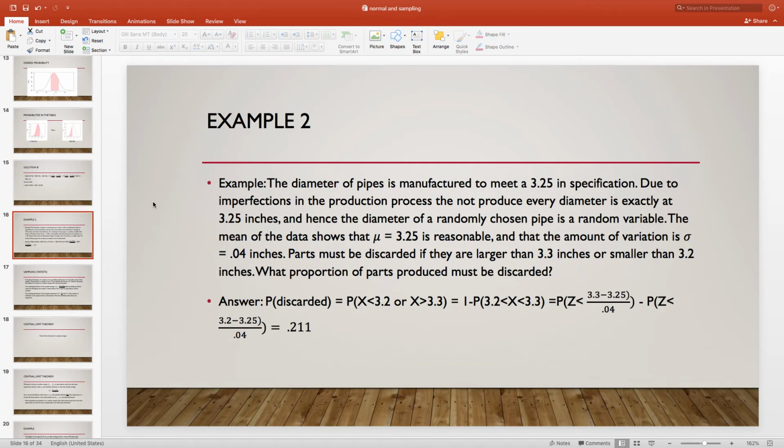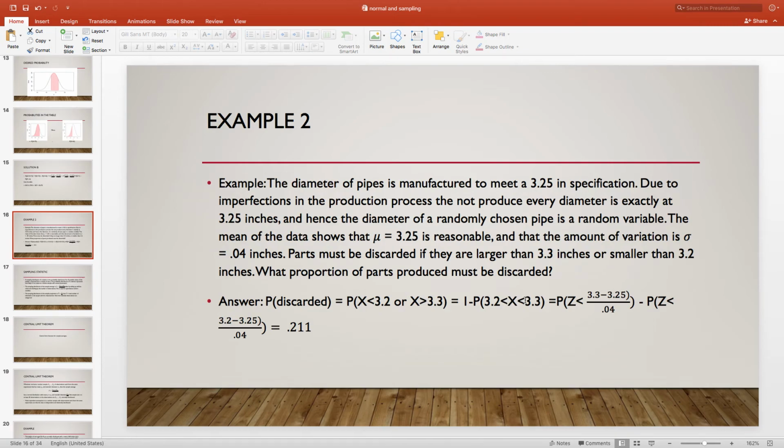Okay, so the probability of discarded, that means that x is less than 3.2 inches or x is greater than 3.3 inches. This is 1 minus the probability of x being between 3.2 and 3.3.